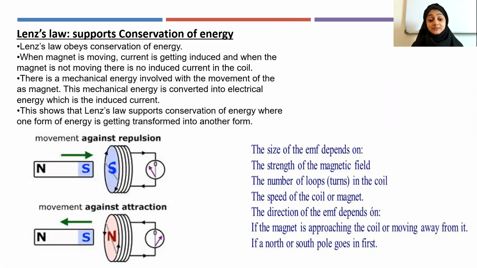From where? That is the question. We know that the law of conservation of energy states that energy can neither be created nor destroyed. But electromagnetic induction says that electrical energy is created in the coil of wire, right? Can it be from nowhere?